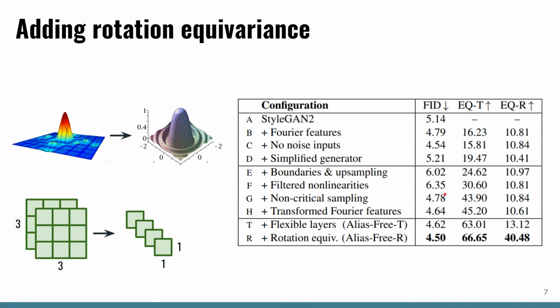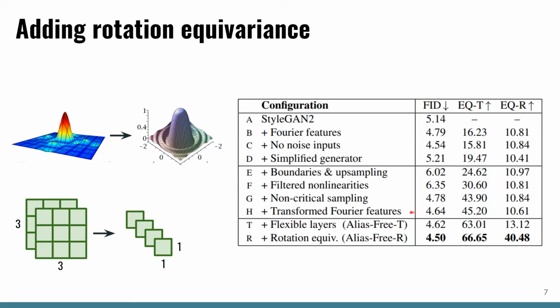So introducing non-critical sampling here basically means that they increase the size of the stop band, and they introduce this kind of linear modification of the cutoff frequency and the stop band minimal frequency in the graph that I showed you on the previous slide. And this has a very good effect both on the quality, because now the signal can actually proceed through the network correctly, and obviously for the same reason on the translation equivariance.